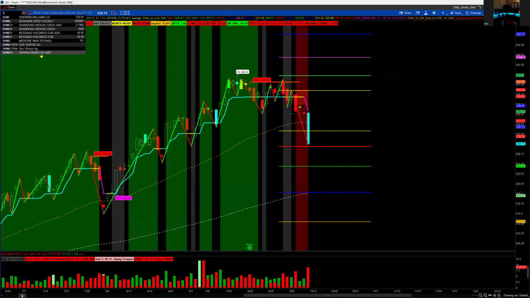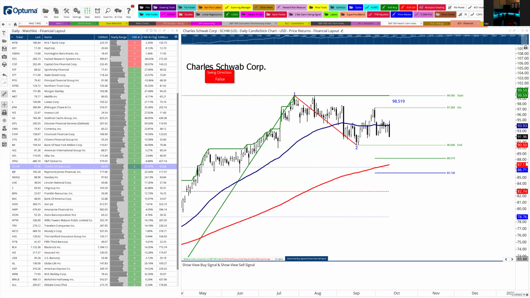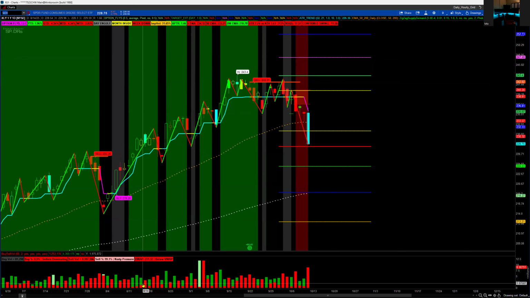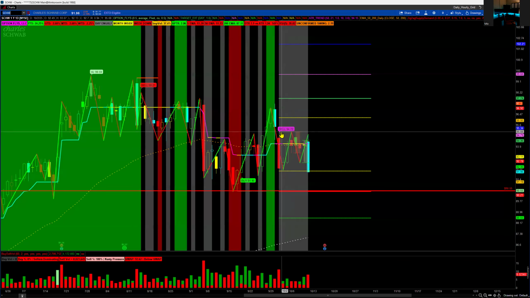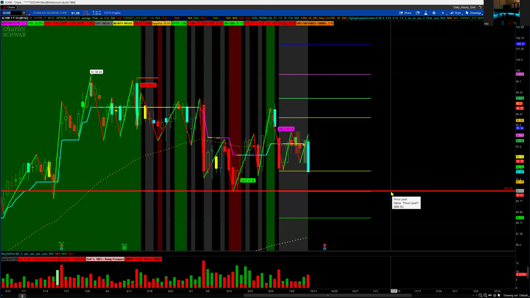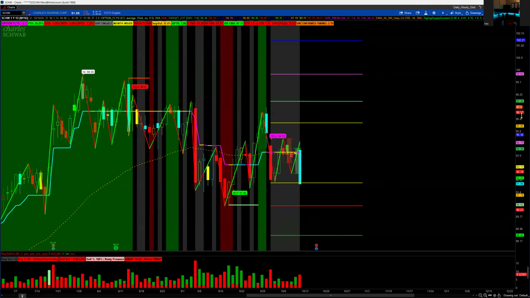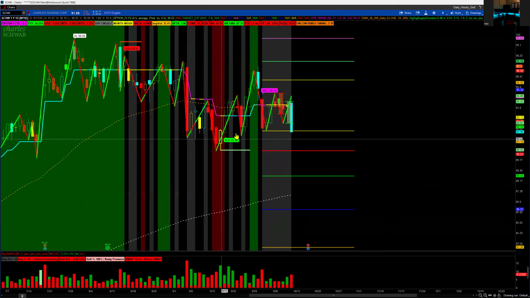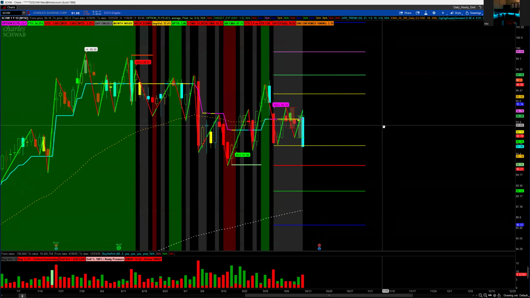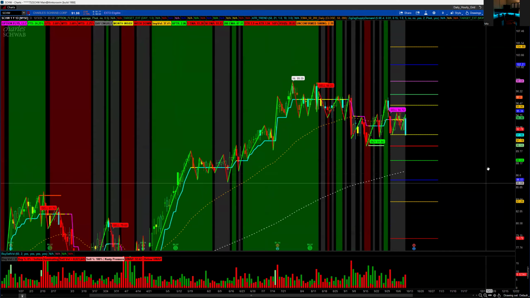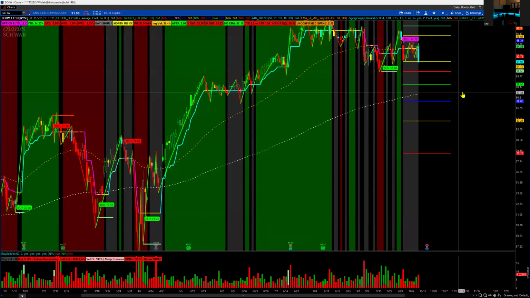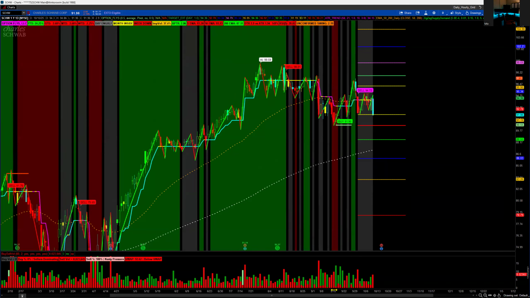What's the ticker? Let's see. Yeah, it has a divergent sell signal. It had a buy trigger here. It's a little choppy, but definitely chop. You see this huge move. It's just pulling back.